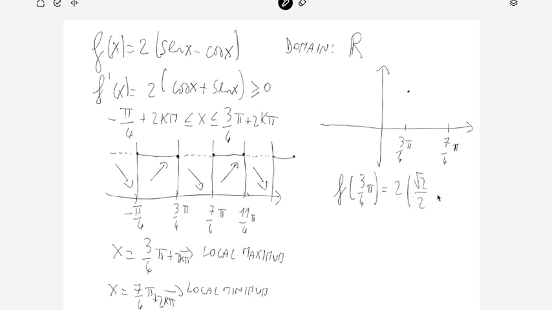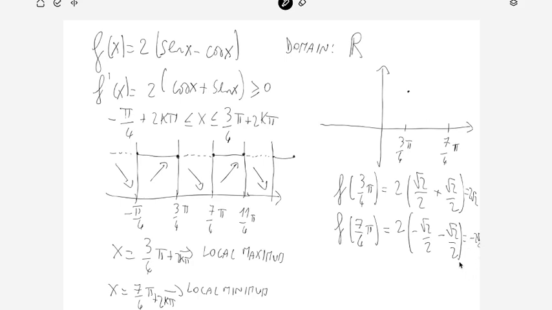And the cosine is minus square root of 2 over 2. Conversely, in 7 over 4 pi, the sine is negative and the cosine is positive, so with the minus it is a negative sign. Okay, this means that we have here 2 square root of 2 and here minus 2 square root of 2.